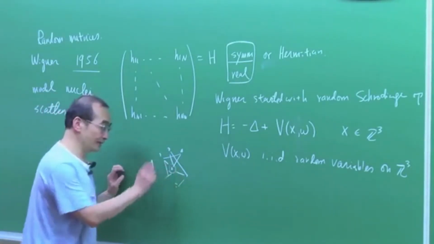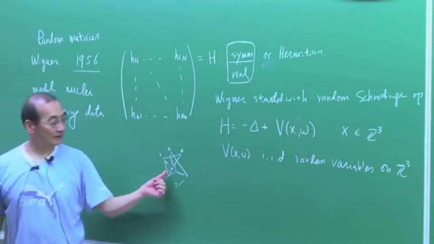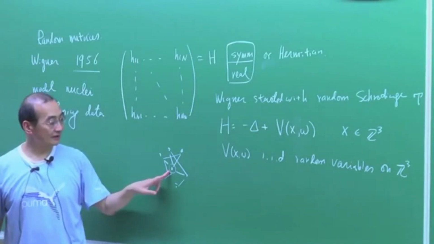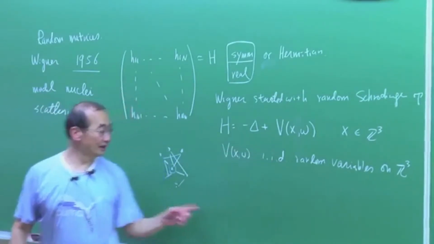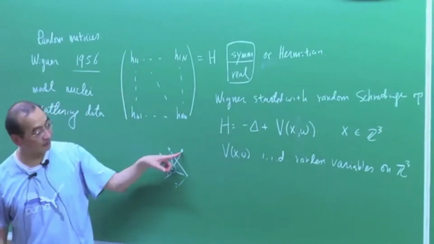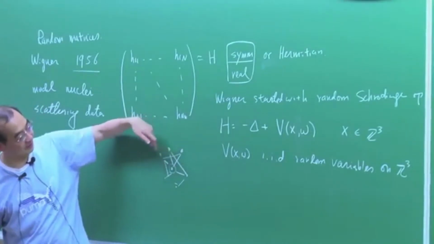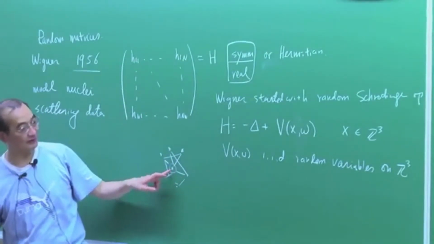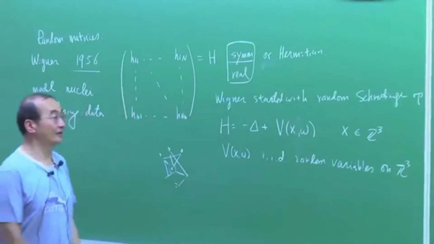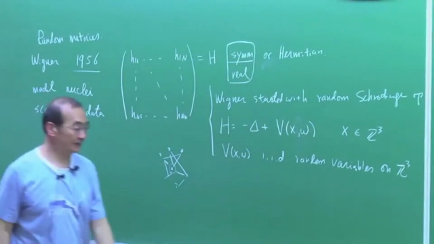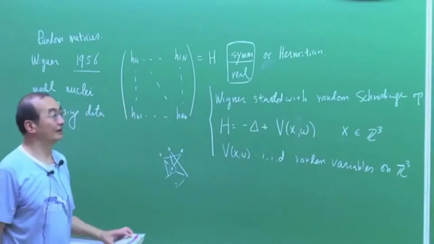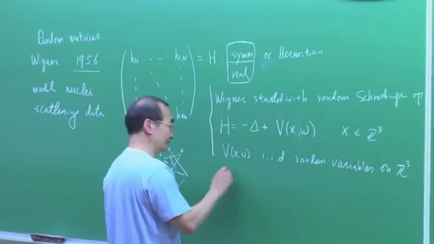You think about a particle in a random environment. You forget about this particle acting on the rest of the particles. Everybody else gives you an influence, and this is random. So this is where he was going to start, and he was going to write the paper. But the question is, he could not solve this model.